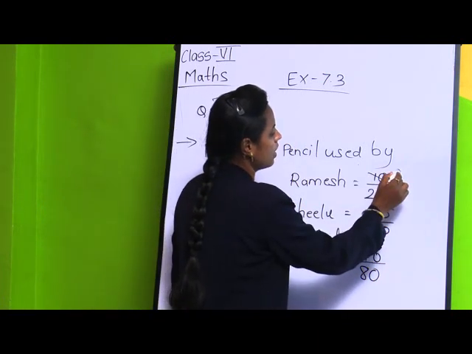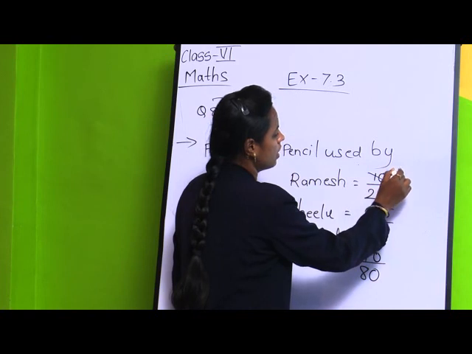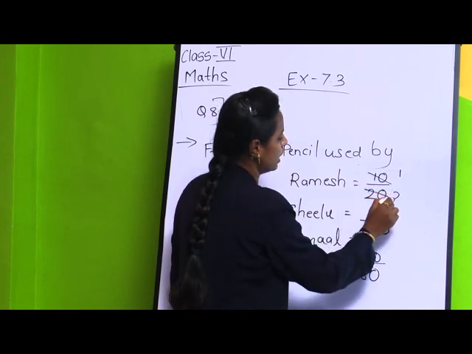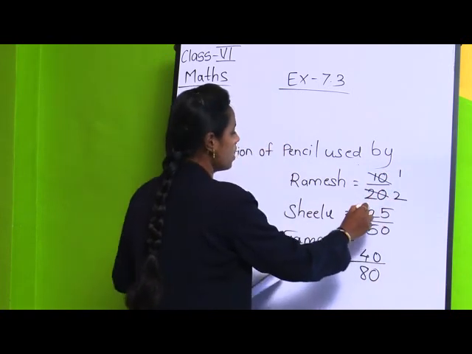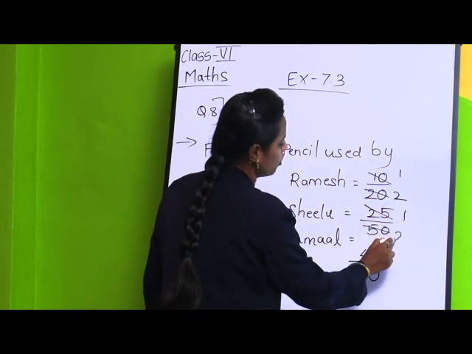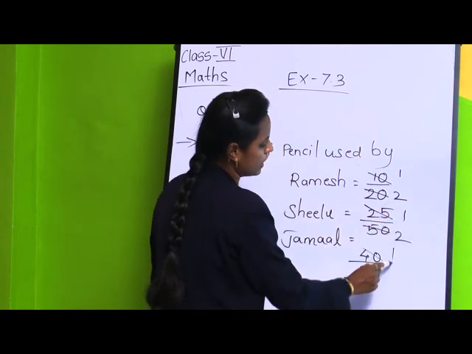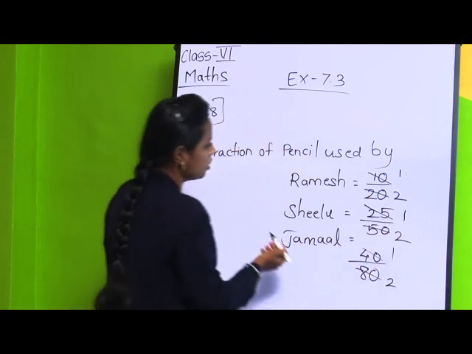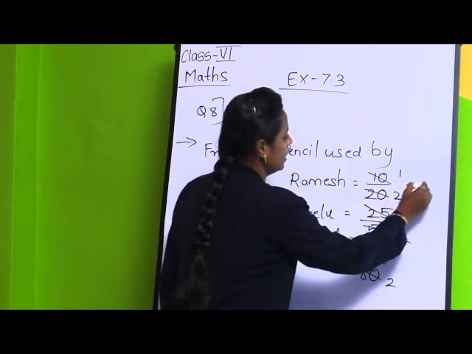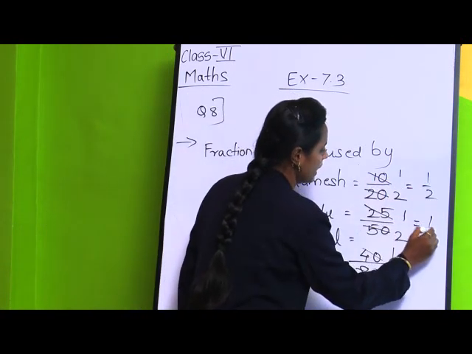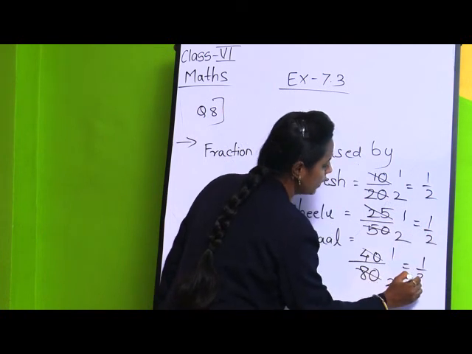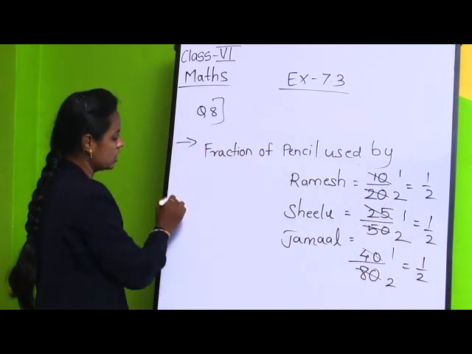See, 10 ones are 10, 10 twos are 20, 25 ones are 25, 25 twos are 50, 40 ones are 40, 40 twos are 80. So here we can find 1 by 2, 1 by 2 and 1 by 2. So all the fractions are equivalent.